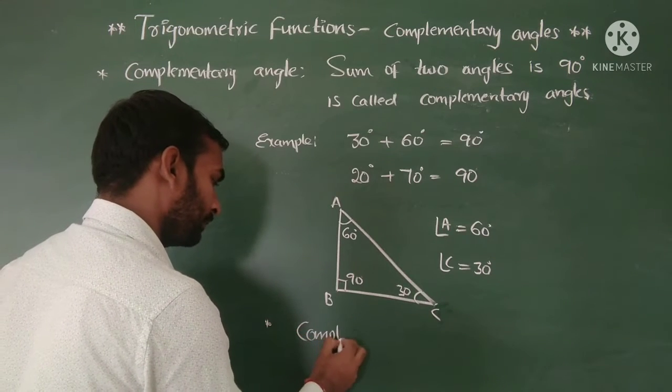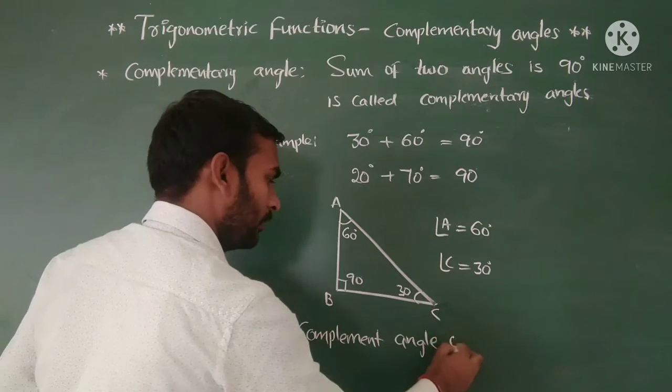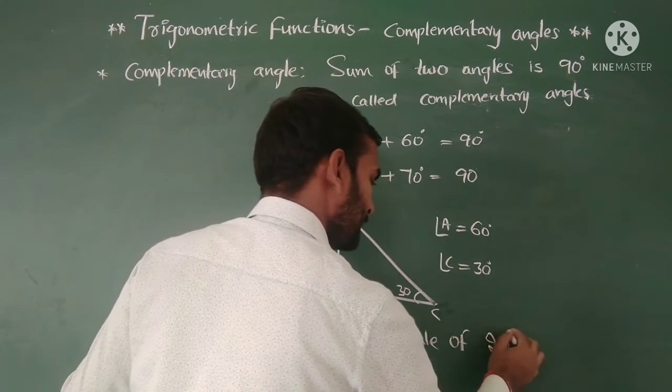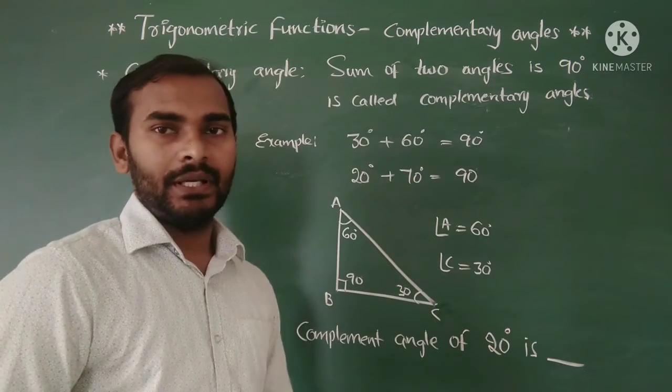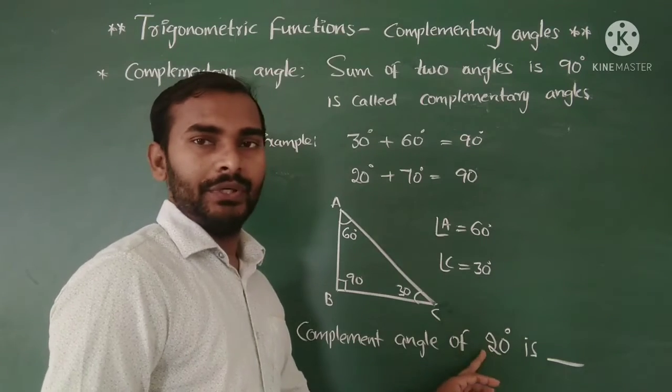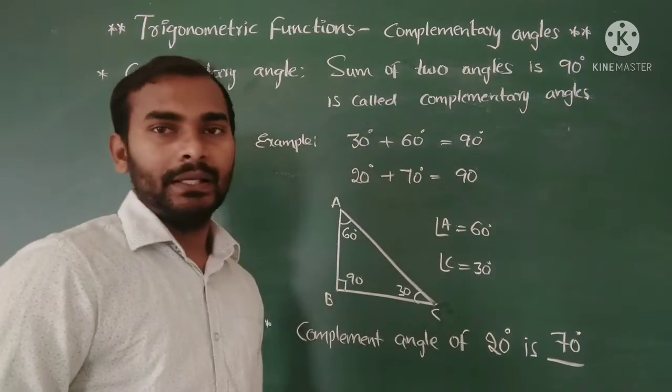Complement angle of 20 degrees is dash. It means if you add some number, you will get 90 degrees. What is that? 90 minus 20 is 70. So 70 degrees is called the complement angle.